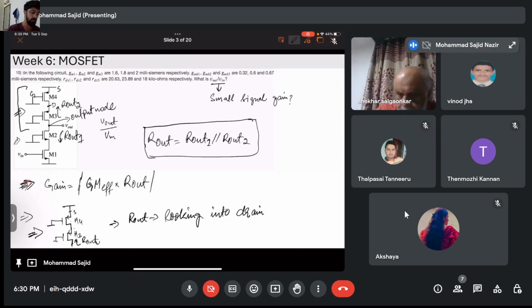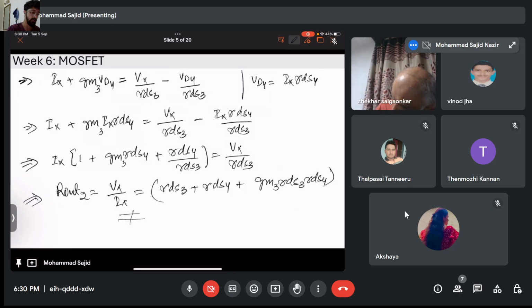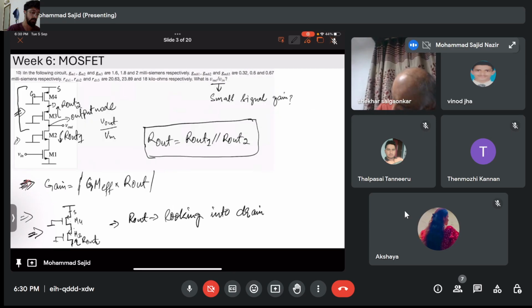And while calculating R out, what step you have to take? All the sources have to be grounded, right? So V in has to be grounded when we are calculating R out. R out 2 we calculated right in this step. So this is our R out 2. And in a similar way, we will calculate R out 1.